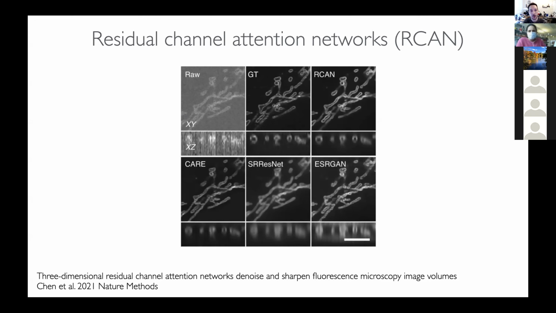If they image with enough laser to see it clearly, then the process is perturbed. So they need to find a way to image quickly without damaging these processes. And so they've trained this RCAN network to restore very noisy raw data, in the same way as we just talked about, using raw data that has very good signal to noise. Then they can just image very quickly from then on and restore that data to something that they can get useful measurements from.